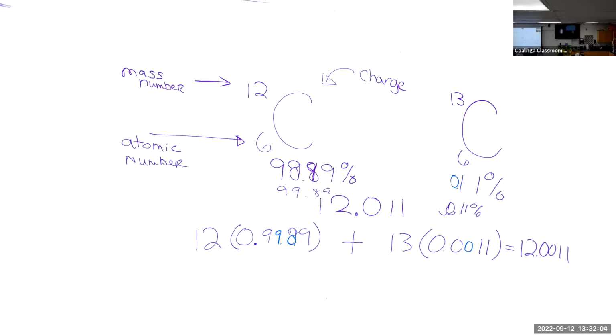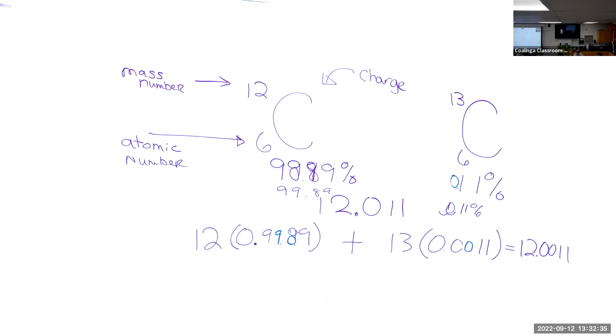I'll do the calculations later, but ultimately, what was supposed to happen was we should have added up to this number exactly. For some reason, we're off by a whole zero here. The moral of the story is that you're supposed to be able to add it up, and it should add up to the value that we have on your periodic table, because that is the abundance that was observed in nature.